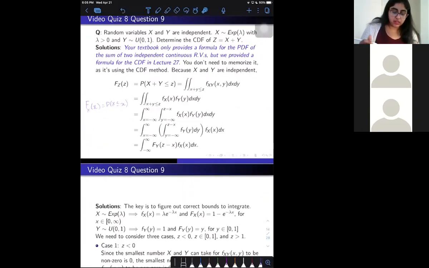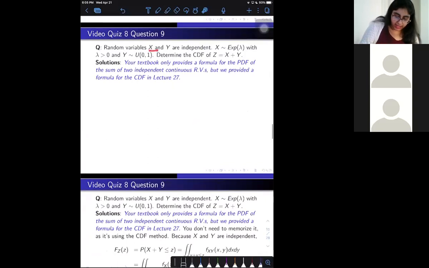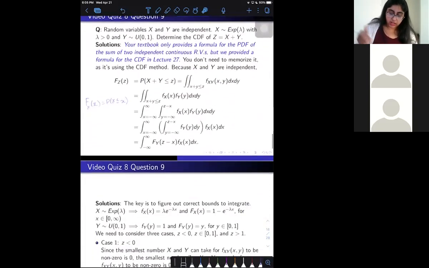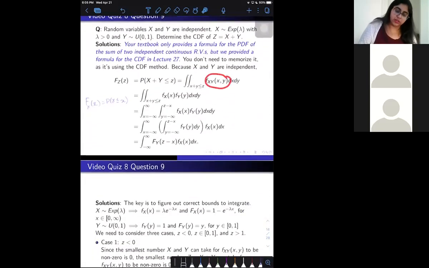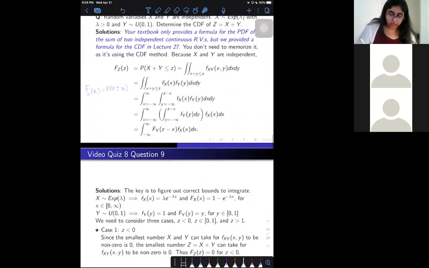Since in this problem we are given that x and y are independent, the joint PDF should be equal to the product of its marginals. We know that x plus y is less than or equal to z, so we can integrate y from negative infinity to z minus x.